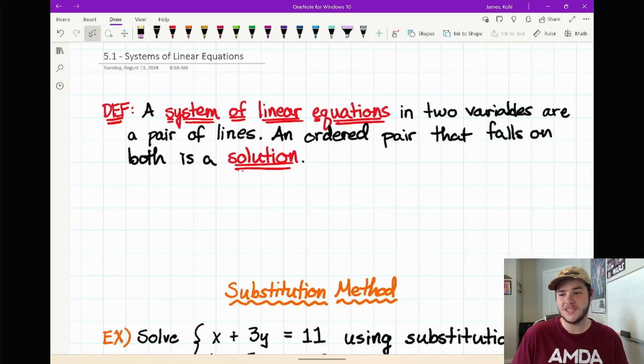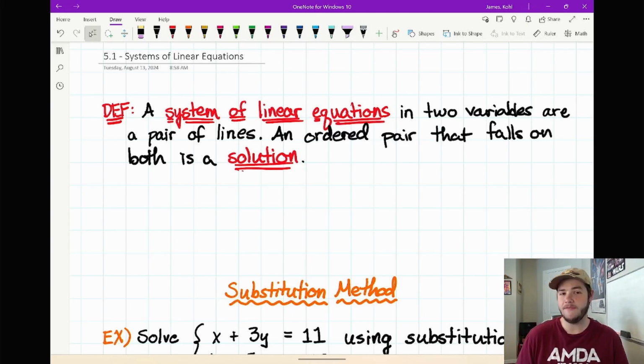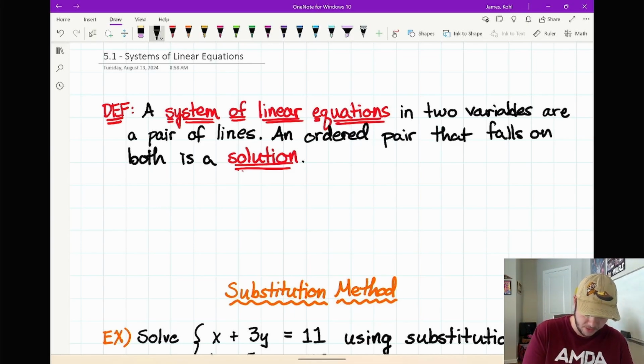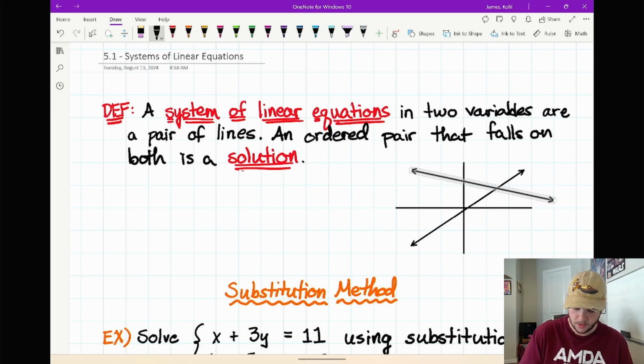When I'm talking about a system of linear equations, all I mean is a set of lines. So a system of linear equations in 2 variables is just a pair of lines, and an ordered pair that falls on both of them is a solution. So, for example, if I've got 2 lines, maybe one like this, and then another one like this.